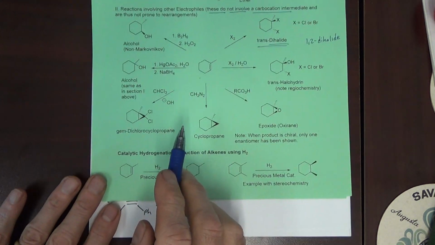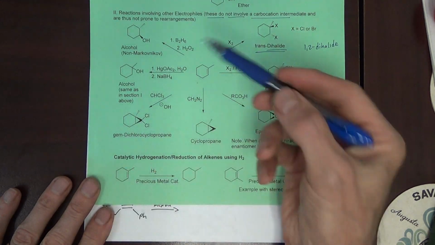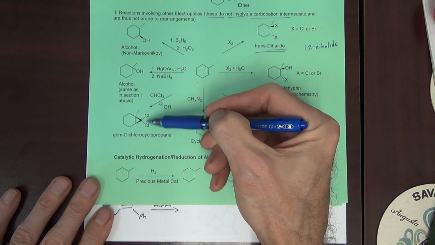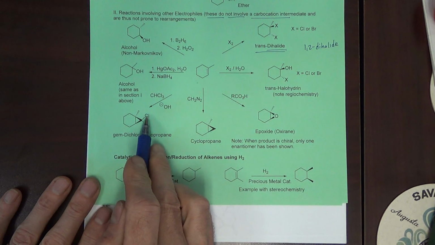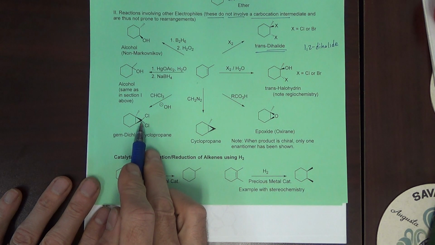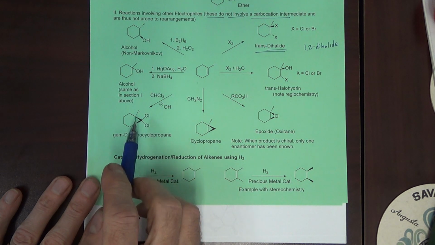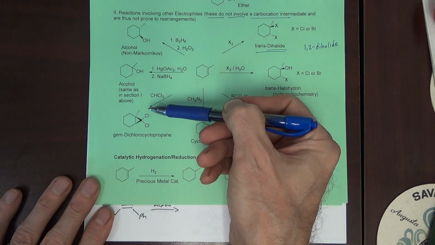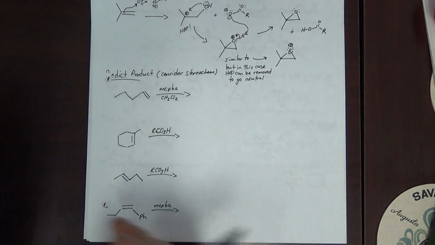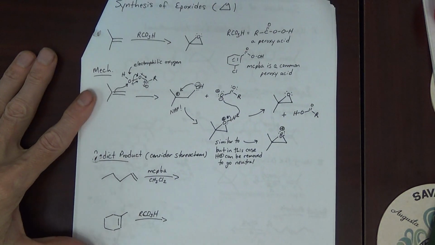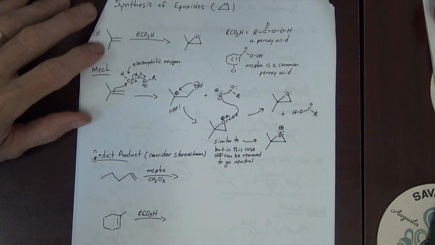But we will also see a synthesis of geminal dichlorocyclopropanes, geminal meaning twins, two chlorines on the same carbon. Okay, let's begin by looking at synthesis of epoxides.